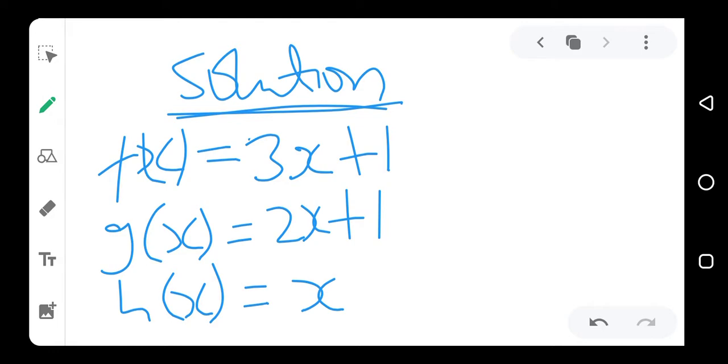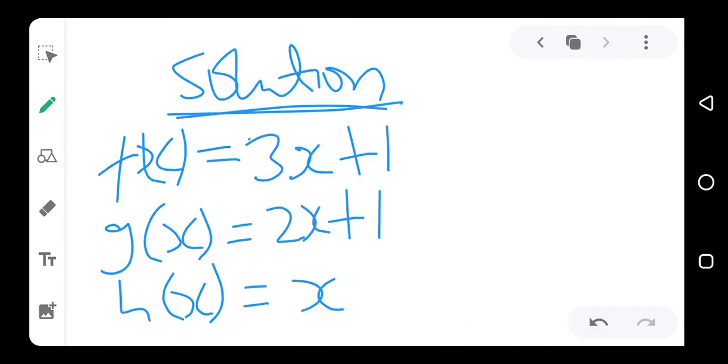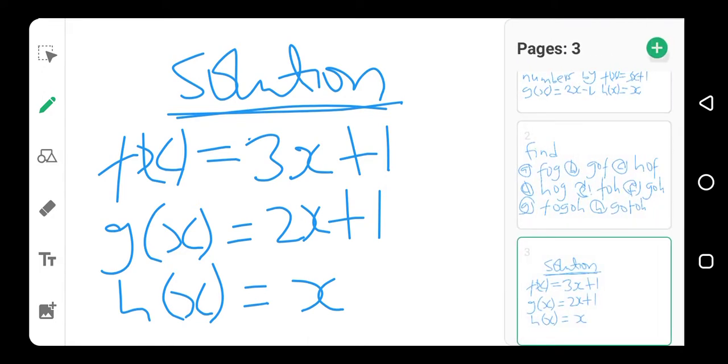Now to solve the first one, which is f of g, f of g is going to be a function of, let's use this bracket to represent function of g of x.